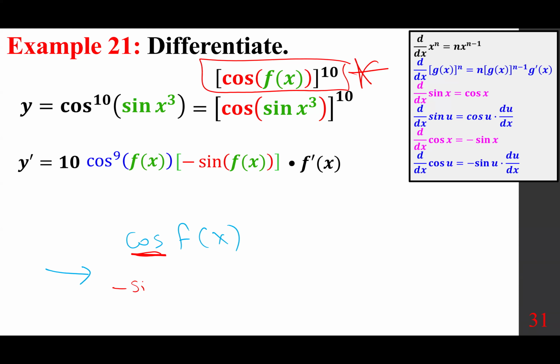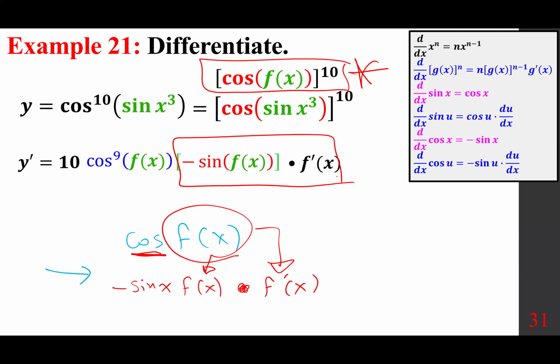Cosine results in negative sine. You need the same argument. And if it's x, you're done, but because it's not, you also need f prime of x. That's what this is all about. And we are going to continue in a moment.